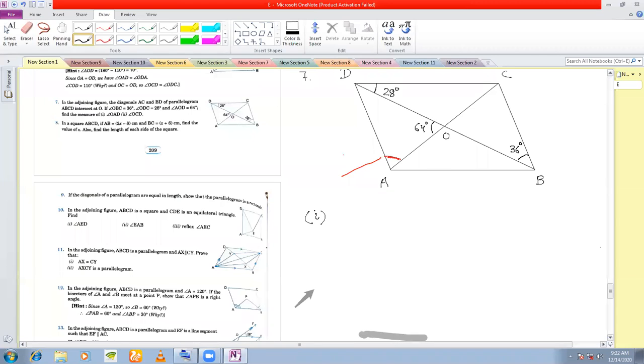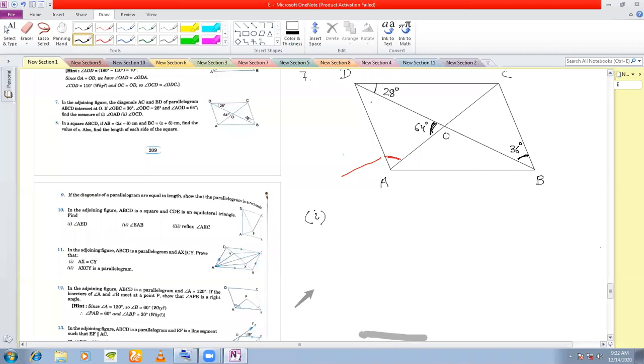If we now see, in order to find out this angle, what you must see here is that this angle is 64 degrees and this angle here, 36 degrees, you have, right?